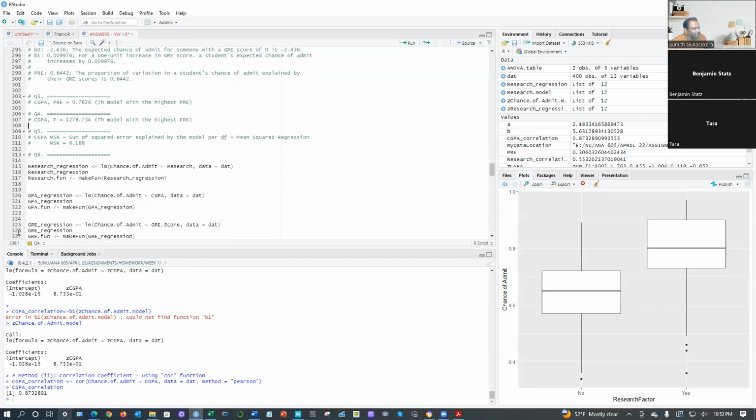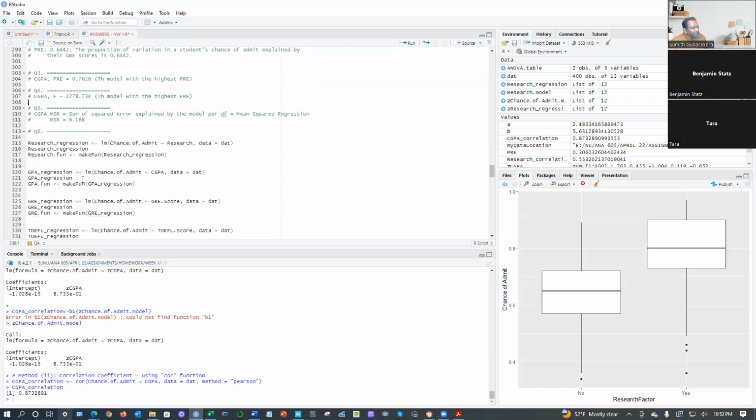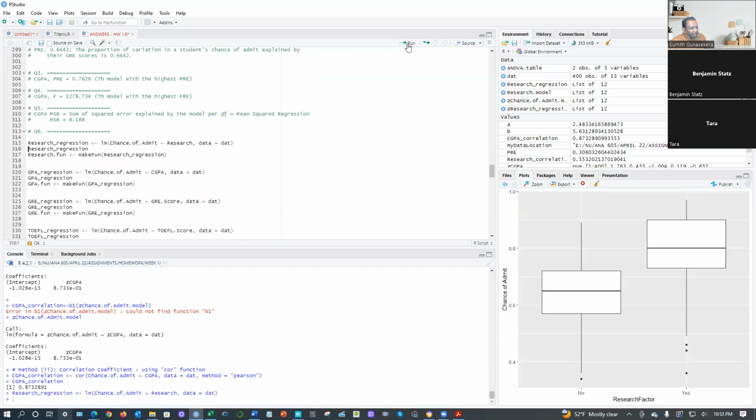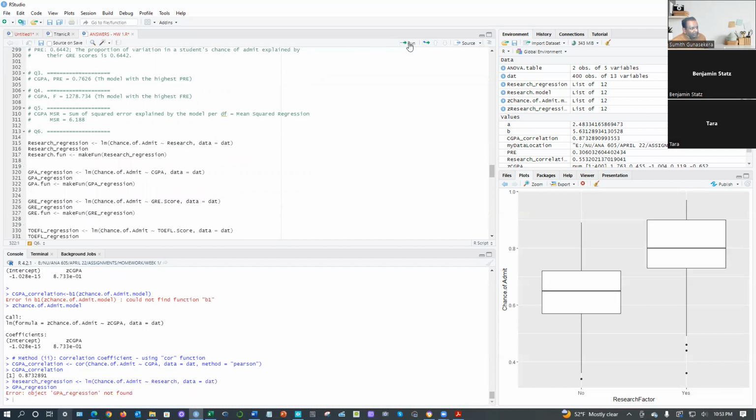Then Q6, you have a respondent. Respondent 4. If you know their research experience, how could you know the chance of that particular person? I would say this is with that research regression. I'm going to get the research regression. Okay, we know that model now.